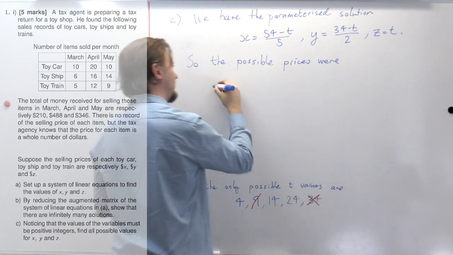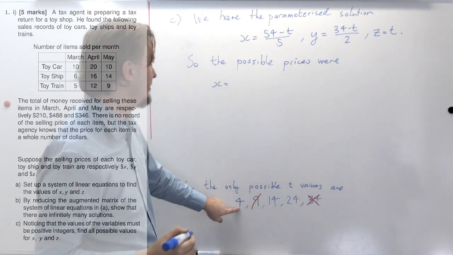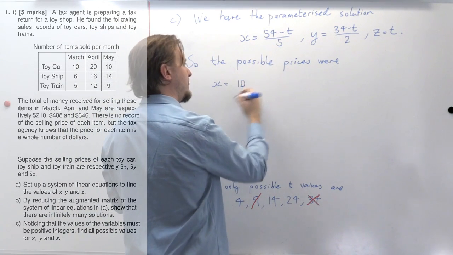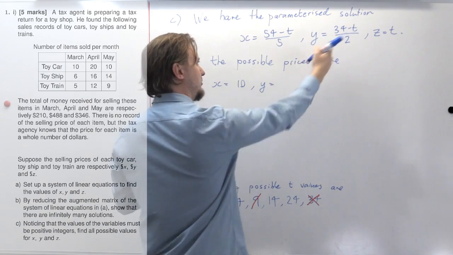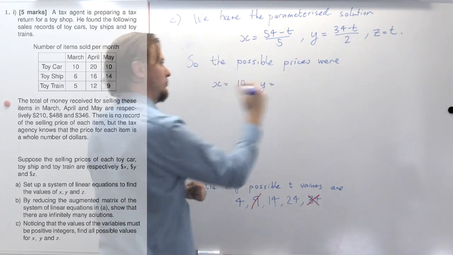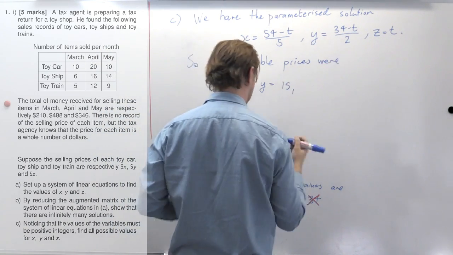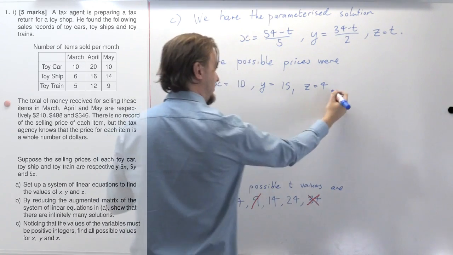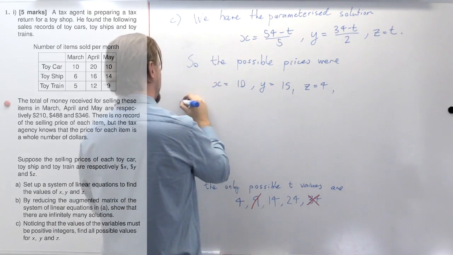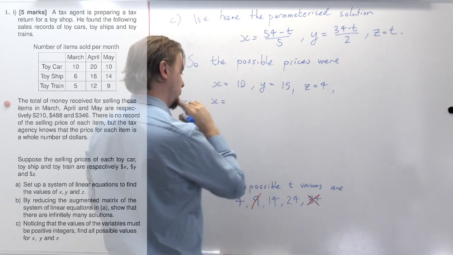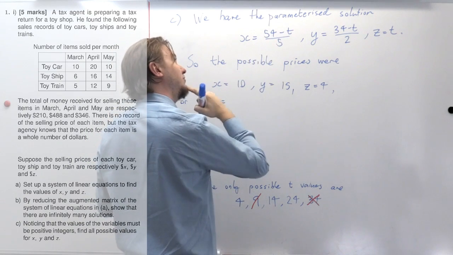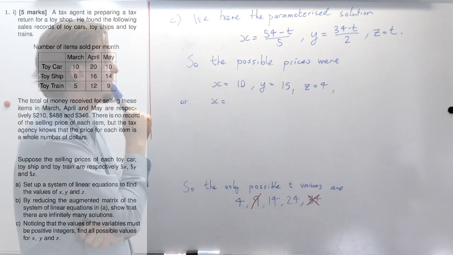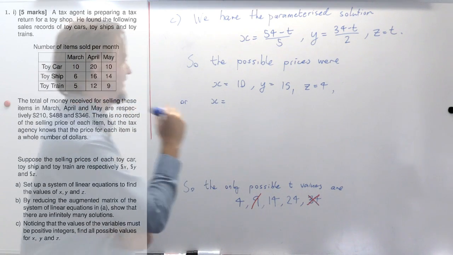were, well, you could have x equal to, let's start with the 4. Put in 4, we get 50 over 5 is 10. Y is equal, well, put in the 4, you get 30 over 2 is 15. And z is just that number, so z equals 4. Or, well, we could do 14, which gives us 40 over 5, which is 8.